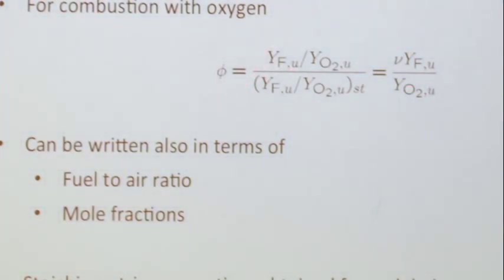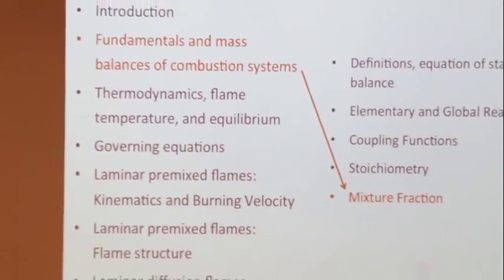Okay? So if you just replace every single X by a Y, every single Y by an X, then it's correct also. So it's a good quantity. You can write this in many different ways, but this is the typical form to use, where nu here is just obtained from the global reaction, as we saw earlier, the stoichiometric mass ratio, and then mass fractions is typically what we are concerned with. So equivalence ratio, everyone knows this.